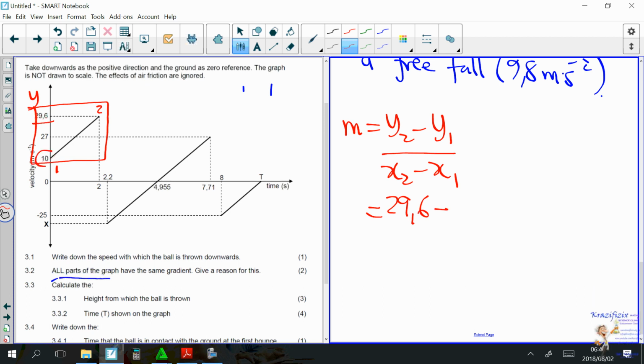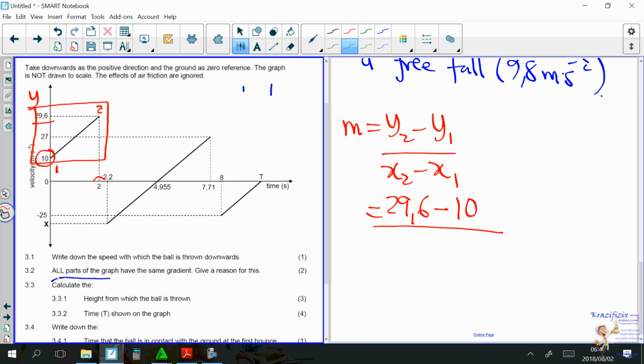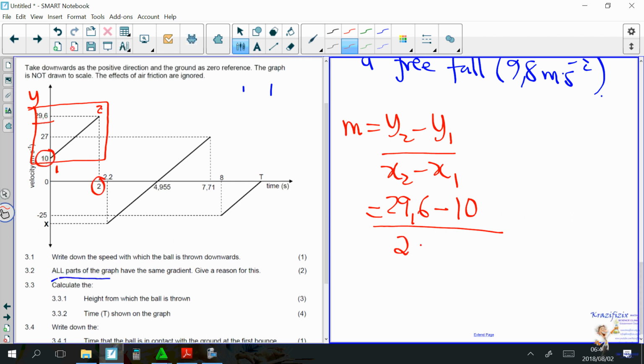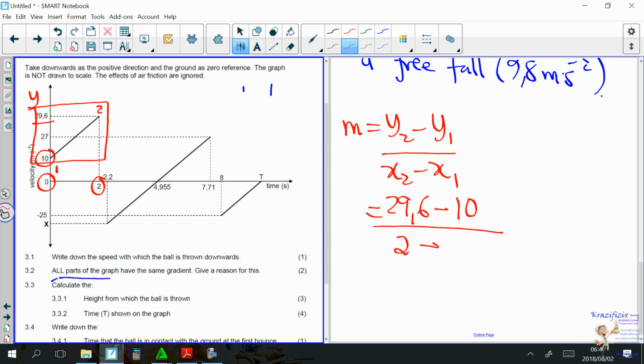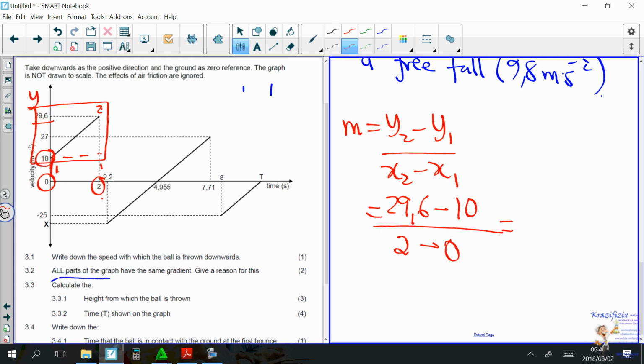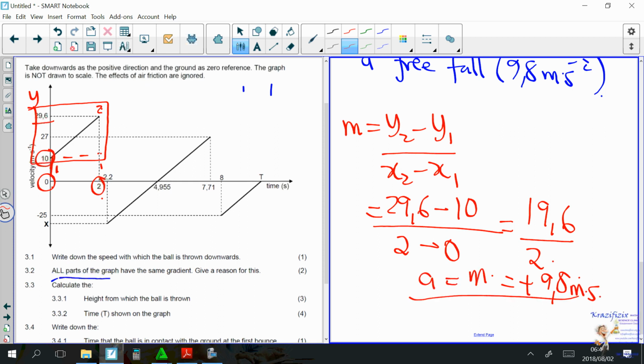What is my y1? 10. Over, what's my x2? It's 2. What is my x1? It's 0, because this is my point 1. Remember mathematics. What will this give you? 19.6 divided by 2, and this would give you positive 9.8. Do you see my acceleration due to gravity there? Done. Meters per second squared.